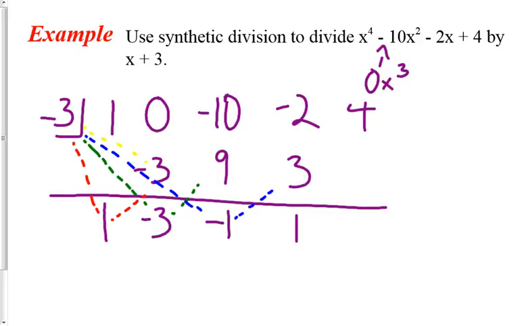So now negative 3 multiplied by 1 is going to give me negative 3. 4 plus negative 3, 1. So right off the bat, I see I have a remainder of 1.